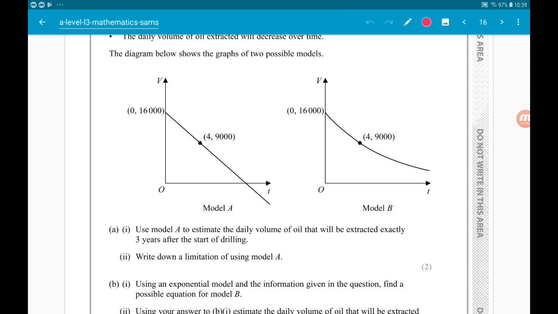So part A, part 1 says use model A to estimate the daily volume of oil that will be extracted exactly 3 years after the start of drilling.